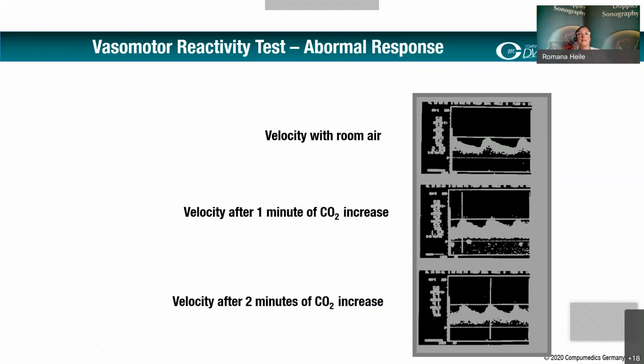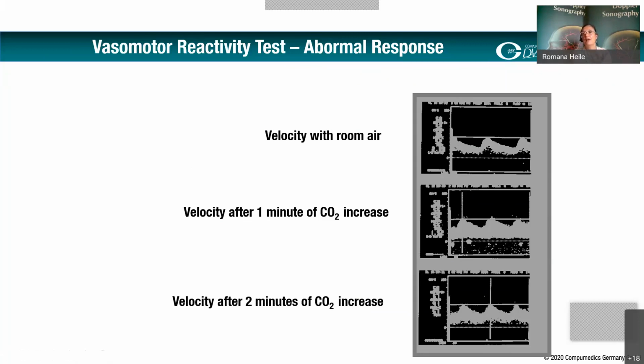Here we have the same situation, but in a patient who has an abnormal response. If you look at normal air breathing, and then after 1 minute of CO2 increase, and also after the second minute of CO2 increase, you do not see a change. That means that the vessel wall is not able to dilate.